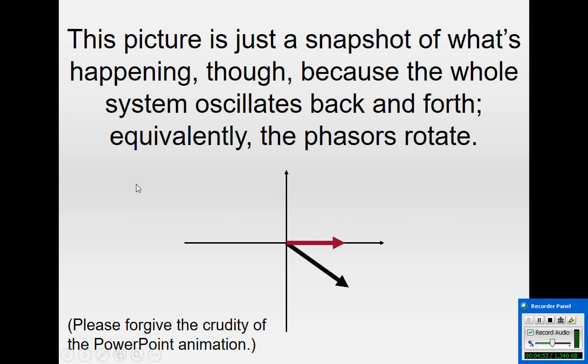Just as I said earlier, we really represent these phasors as orbiting an origin. This is going to be a really cheesy animation because PowerPoint is not for sophisticated animations. But if you can imagine the bases of those arrows fixed at the origin as those arrows rotate around, and those arrows always maintain the same relative orientation with respect to each other.